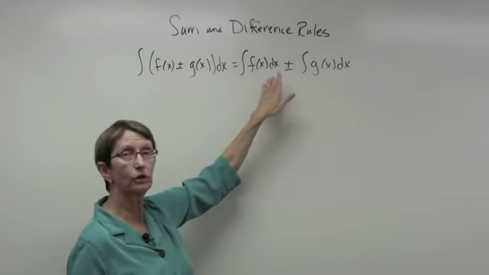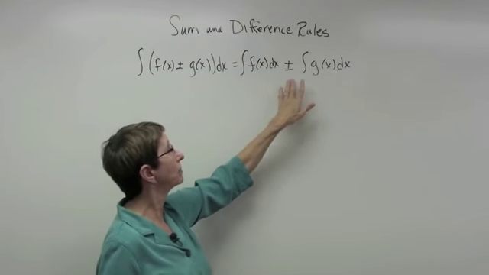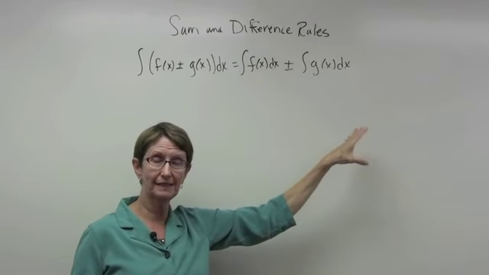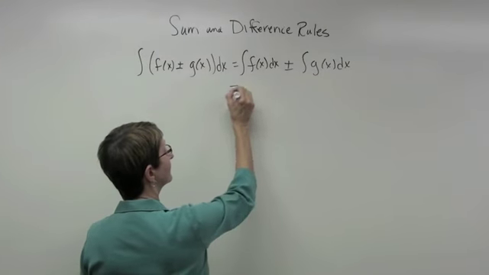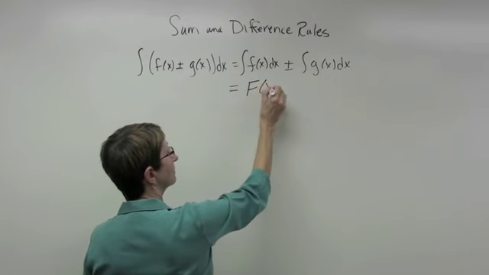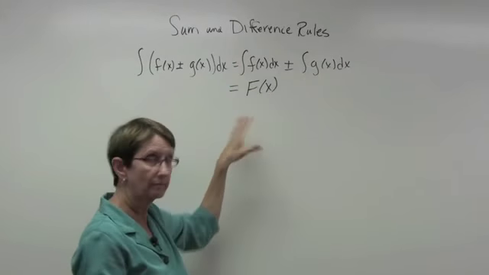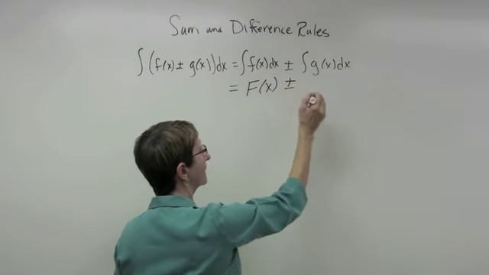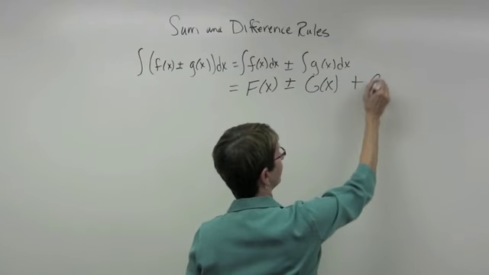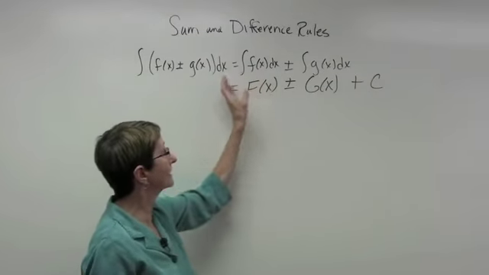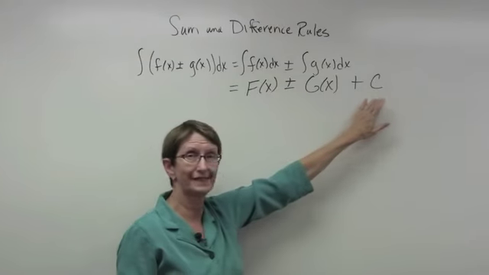Just find the integral of f of x dx plus or minus the integral of g of x dx. What we'll end up with is the antiderivative of little f plus or minus the antiderivative of little g plus c. We'll see how we combine both constants into a single constant.